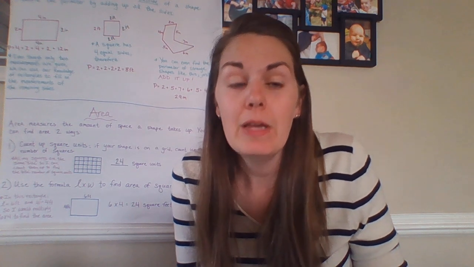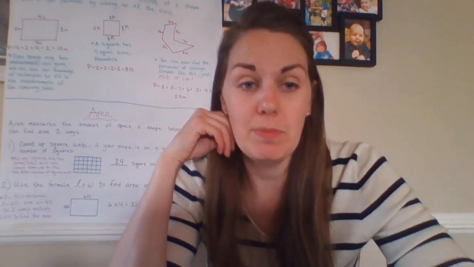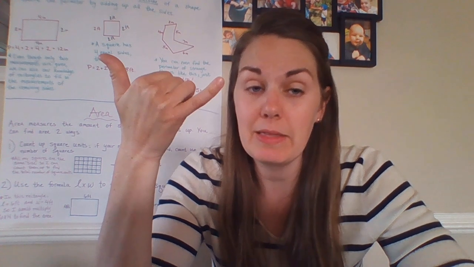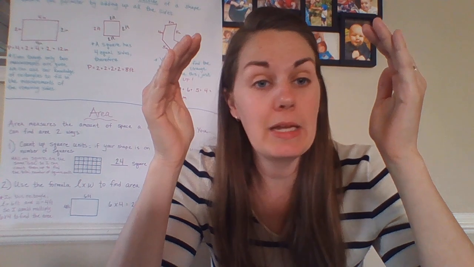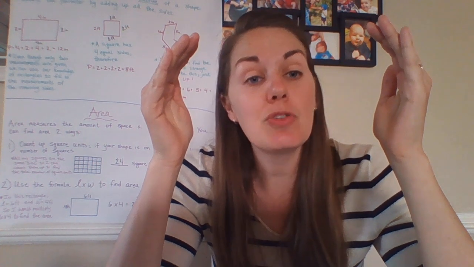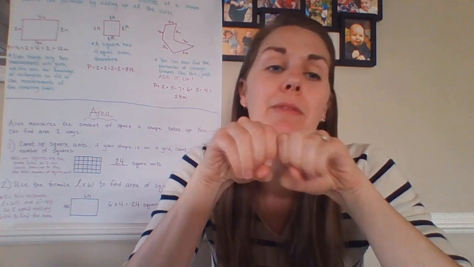So remember, there are 3 main properties of multiplication. Commutative property says that we can multiply in any order and get the same answer. Associative property is number 2, which means that we can group numbers in any way that we like when we're multiplying and still get the same answer. And the distributive property means that we can also break them apart any way we like and get the same answer.